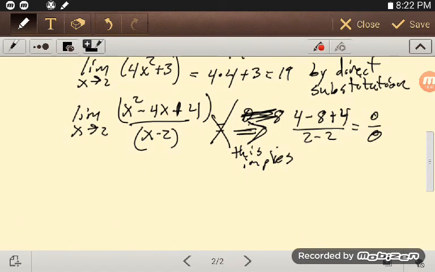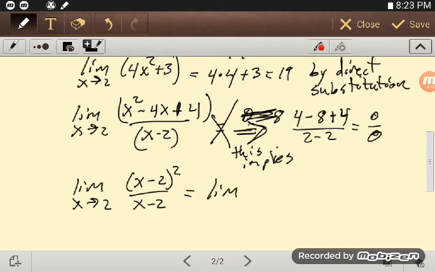Well, now is when we can use our properties of limits. I notice this is x minus 2 squared over x minus 2. But now that is the same thing as the limit as x goes to 2 of x minus 2 over x minus 2.